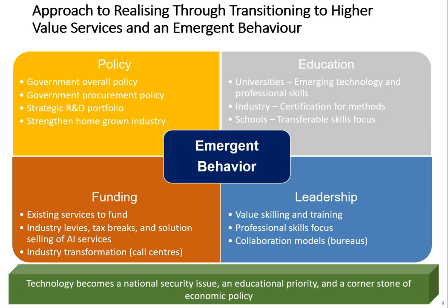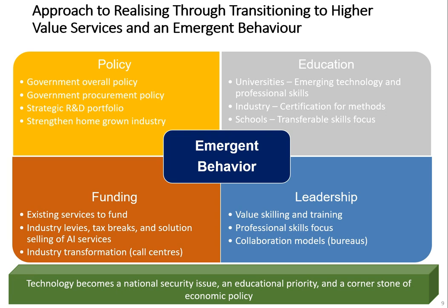The required functions and areas work to form an emergent behavior which achieves the required outcomes. The areas of policy, education, leadership, and funding are again seen within the formation of the emergent behavior.